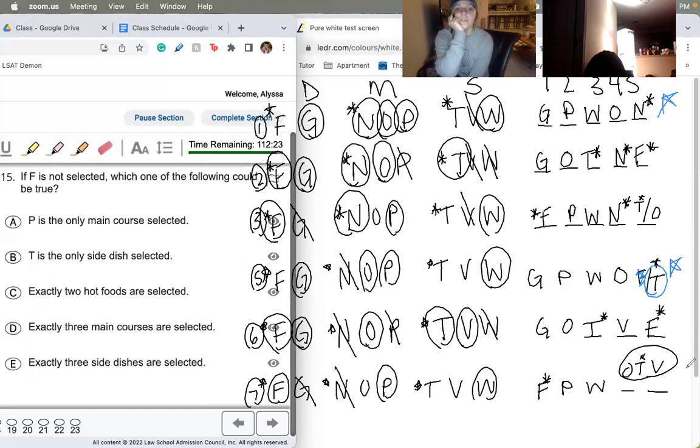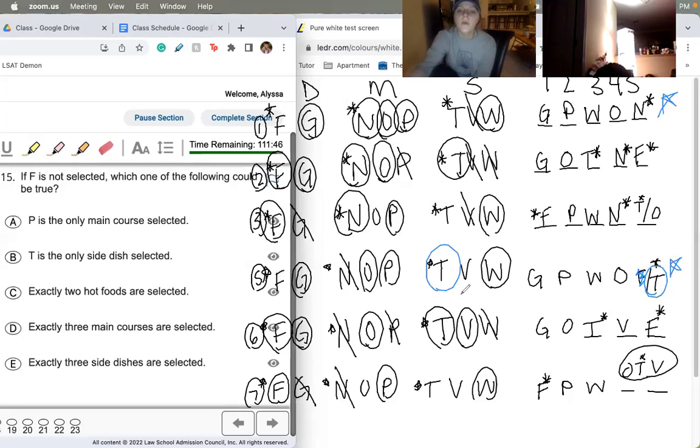Okay? So it says which one of the following could be true? A is not true because we have 2 main dishes in world 1. Yep. And only side dish selected. B is not true because we have, in world 5, 2 side dishes selected. If T is in.